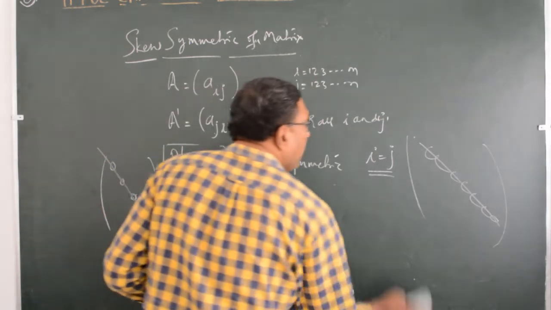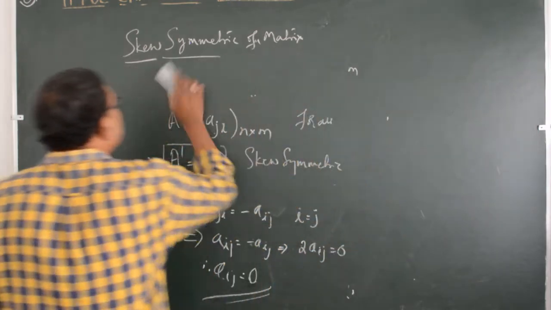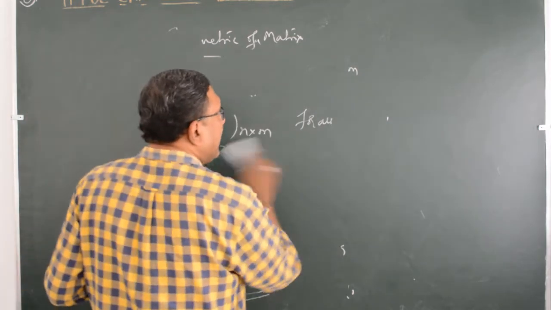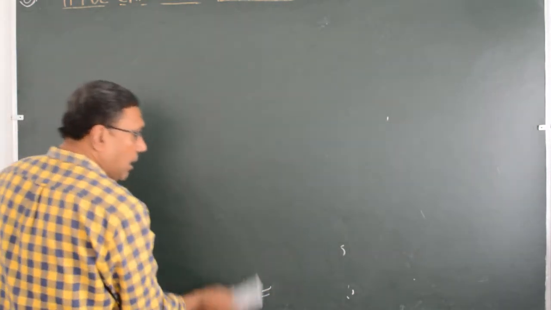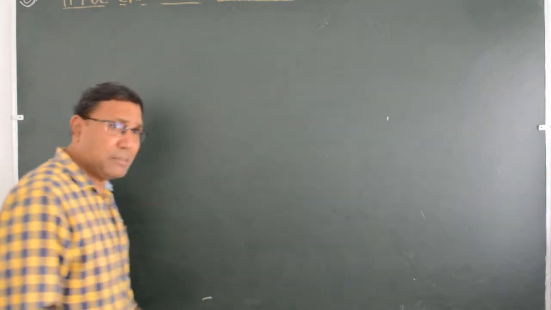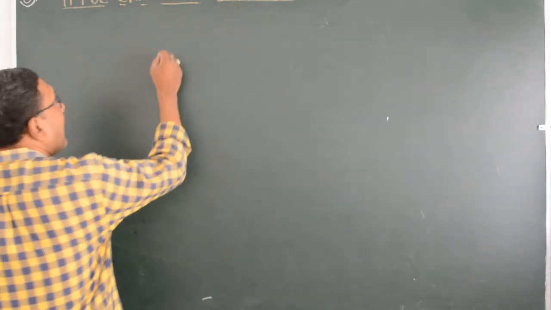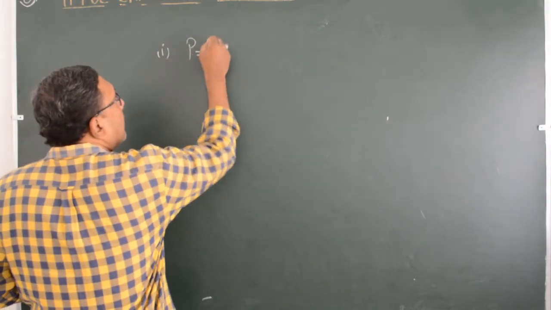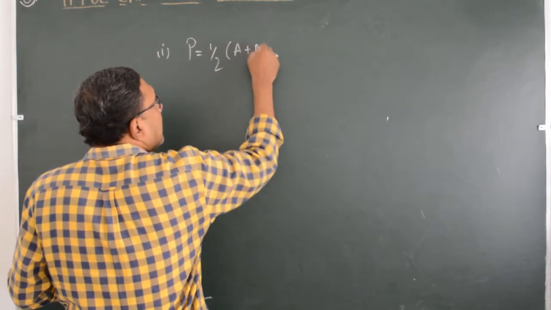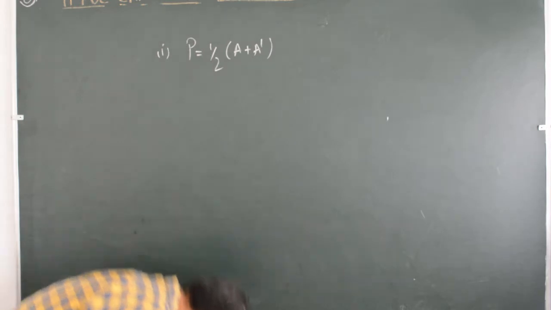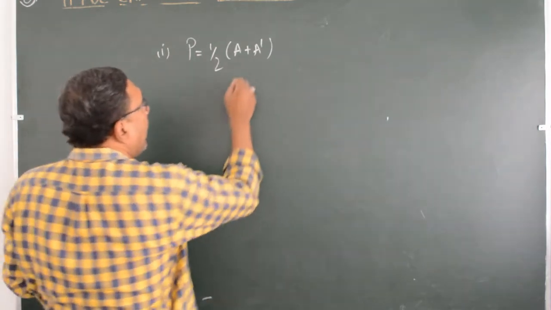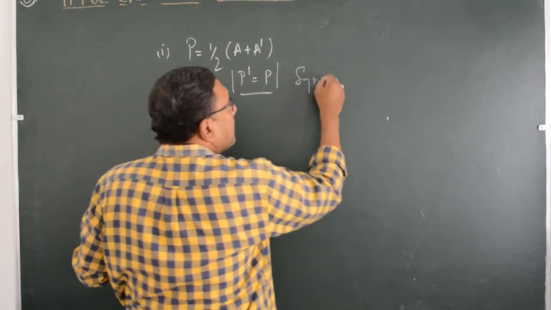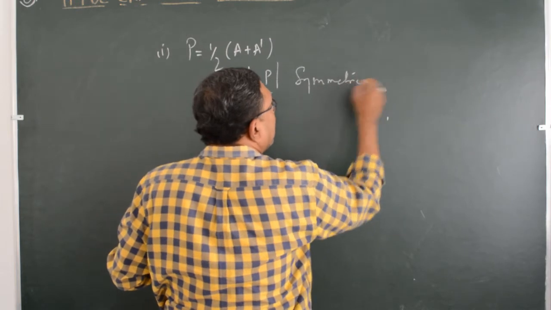Now in the exercise, we get some problems where they will give you a matrix and ask you to find out whether it is a symmetric matrix or a skew symmetric matrix. To find this, please always remember these two formulas. It is very easy. It is A plus A transpose. If you solve this and it is symmetric, then it is symmetric in nature.